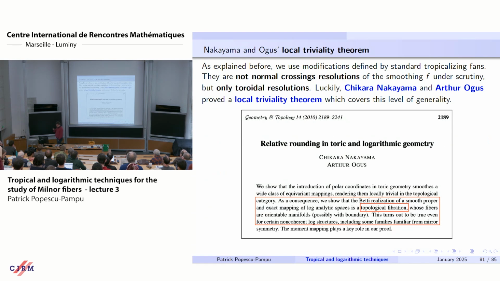And finally, I show the abstract of the paper of Nakayama and Ogus, in which they prove the local triviality theorem, which works in the toroidal category. And in fact, their local triviality theorem works in a much more general context. So if you have other contexts in which you want to have local triviality, go there and see if their hypotheses work. Their hypotheses are written in a special log geometrical language, so perhaps you will need one week to understand really what those terms mean.